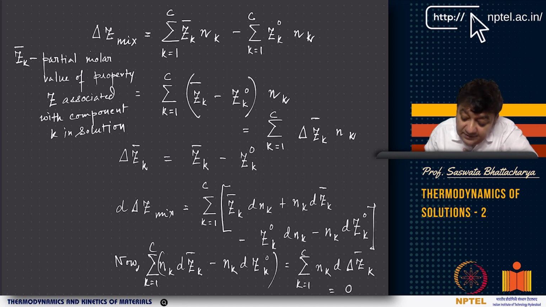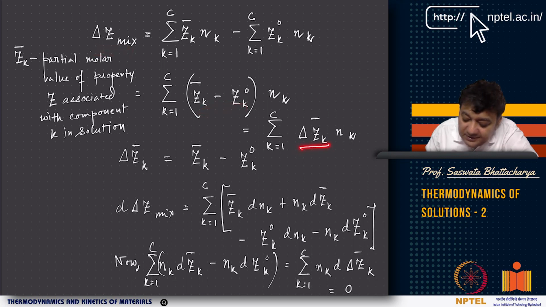So basically what you can tell is that this difference is written as delta ZK bar, that is the change in partial molar property of component K, and this property Z can be anything. It can be entropy, it can be Gibbs free energy, times NK, right, and that basically gives me the delta Z mix. So delta Z mix is the sum of delta ZK bar times NK. Delta ZK bar is nothing but this, right?